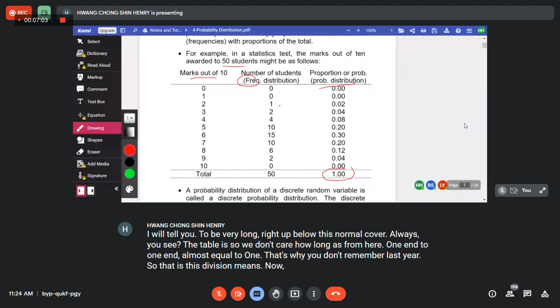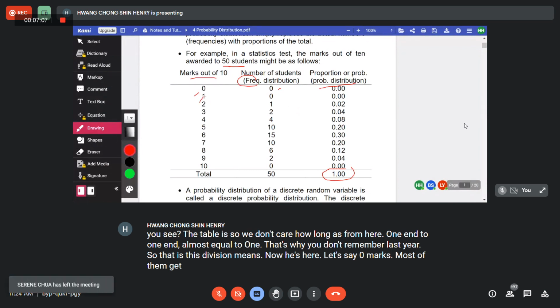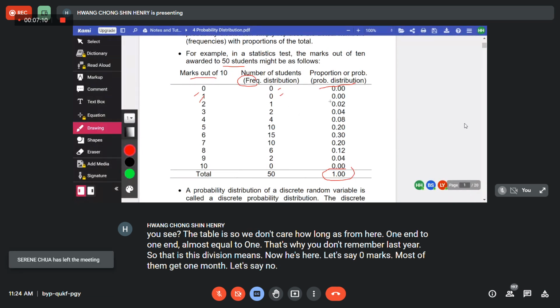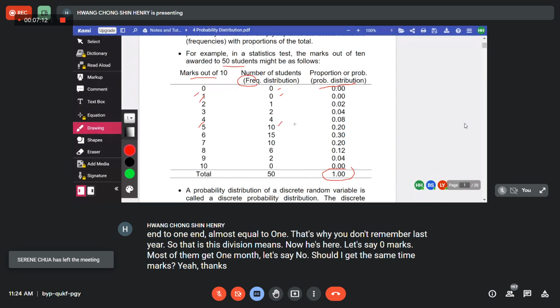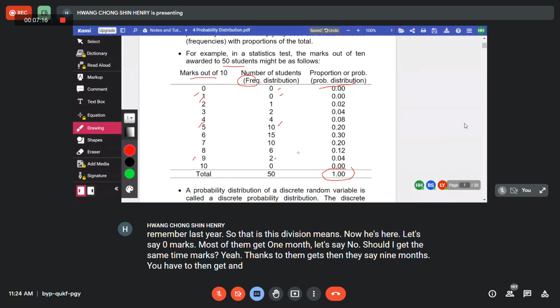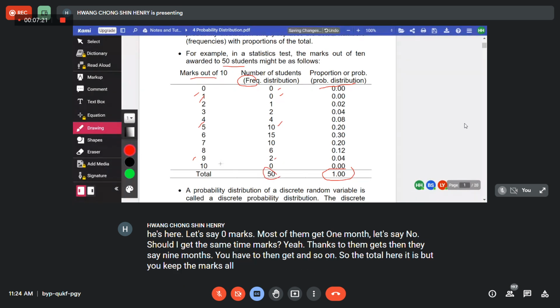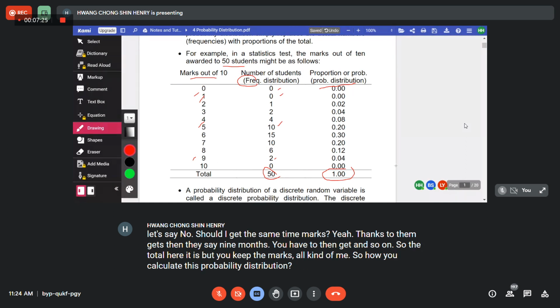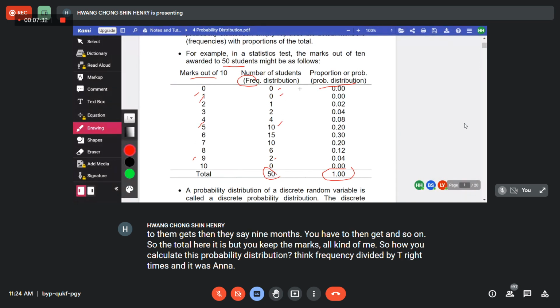Now you see, let's say 0 marks, no student gets it. 1 mark, let's say no student gets it. Let's say 5 marks, you have 10 students get it. Then let's say 9 marks, you have 2 students get it, and so on. So the total here is 50 students, but the marks are out of 10 only. How do you calculate this probability distribution? Take the frequency divided by 50, times 100% if you want to get percent, but here we just leave it as a proportion.